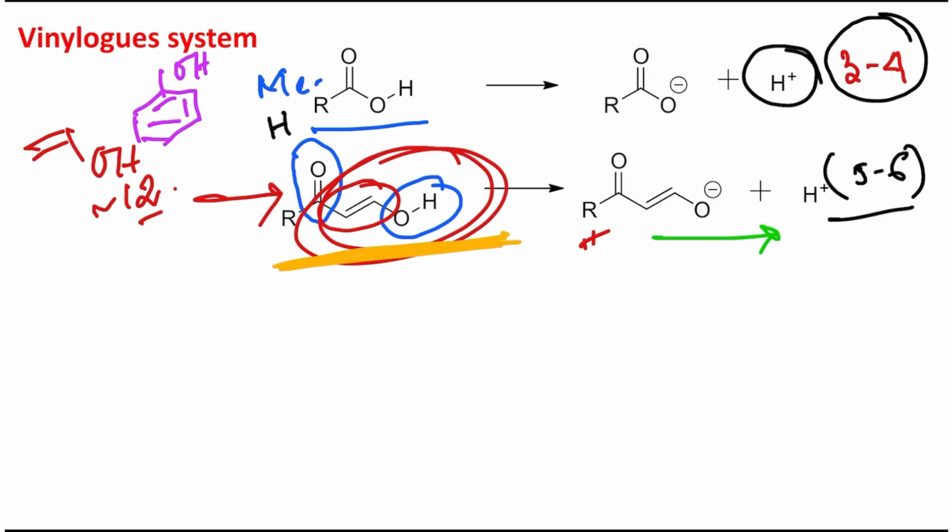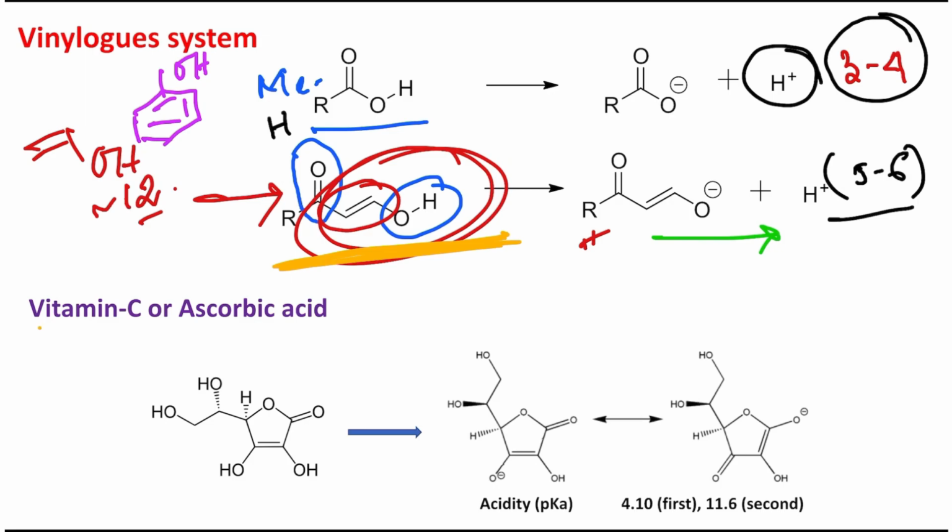Fine. I know you will not be that satisfied, as the example I am talking about is not that familiar. By the way, there is one molecule you are extremely familiar with and have already had a dedicated lecture on, that is vitamin C or ascorbic acid. I know you are extremely familiar with this vitamin because during the COVID time it was prescribed not only for patients but also for normal healthy people, suggesting that please take some amount of vitamin C in the form of food or pills.